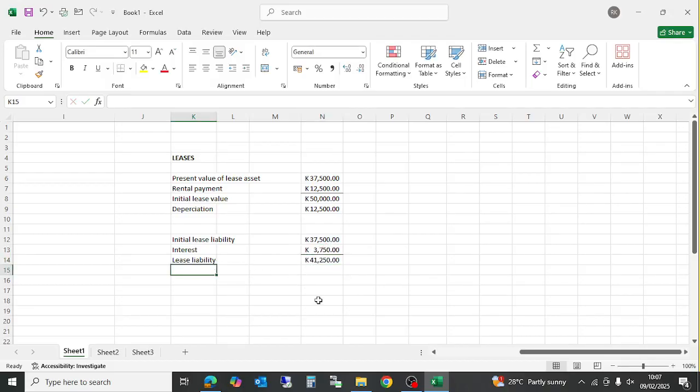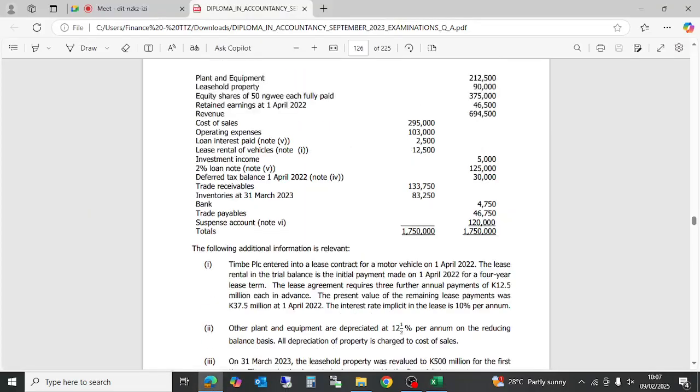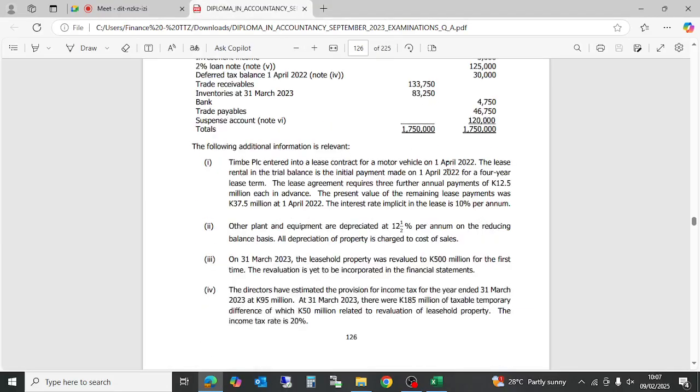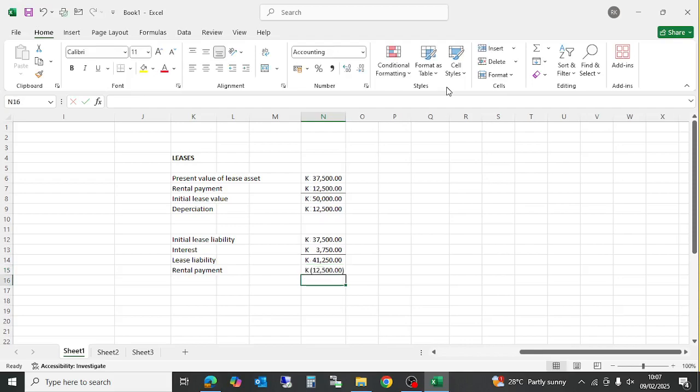We also made a rental payment. Rental payments, we are paying 12,500 as per the equation. So that's 12,500 right here, which we are supposed to remove as we pay.